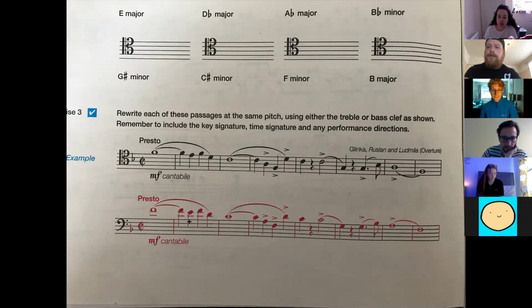The next one I would advise that you check again. So what's this note here on the tenor clef? C. It's middle C, isn't it? And as we can see here, this is also middle C because it sits above the stave on the bass clef, and so on and so forth.